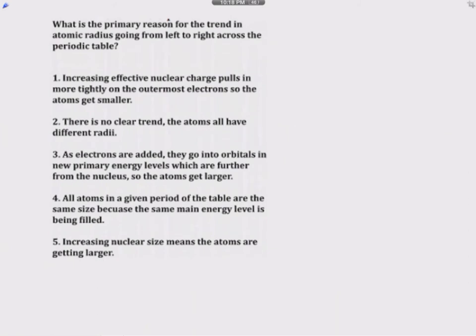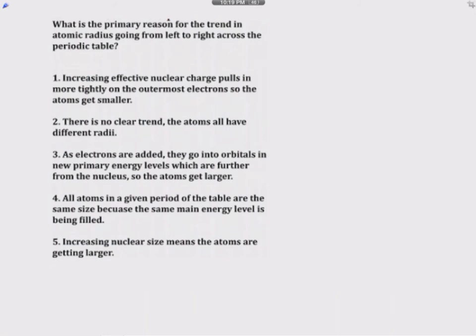What is the primary reason for the trend in atomic radius going from left to right as we move across the periodic table? Well, the reason for all of the trends, whether it's atomic radius, ionic radius, ionization energy, or electronegativity, is more or less the same.